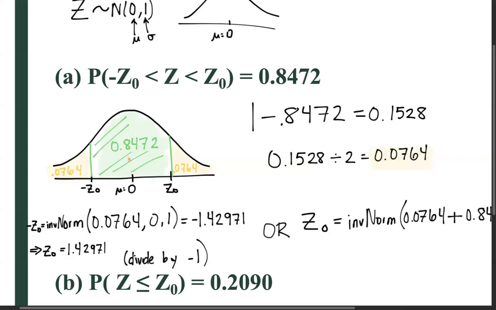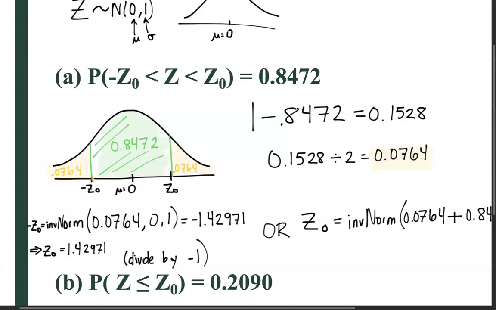Now in order for me to use the inverse norm function to get this value, I need to know what this area under the curve is to the left, because it works from left to right. So initially, I'll go over how to find these values, but when I'm first just writing the information, I only know what's sandwiched in between these two green lines here, which is negative z naught and z naught.